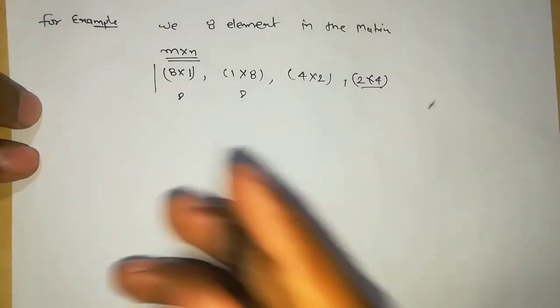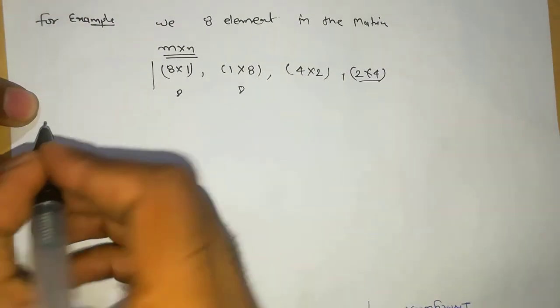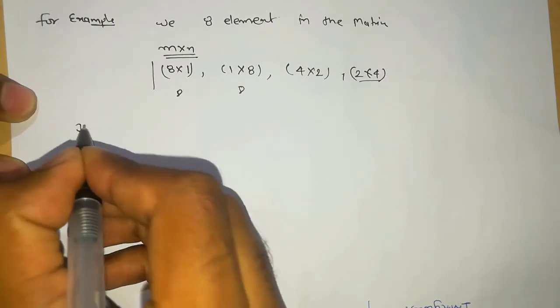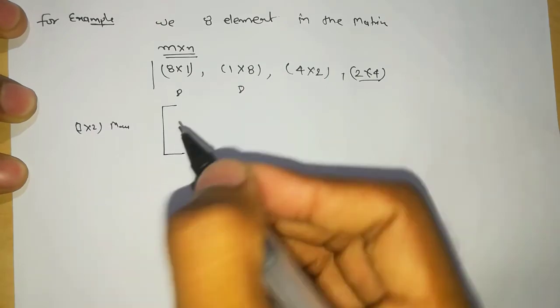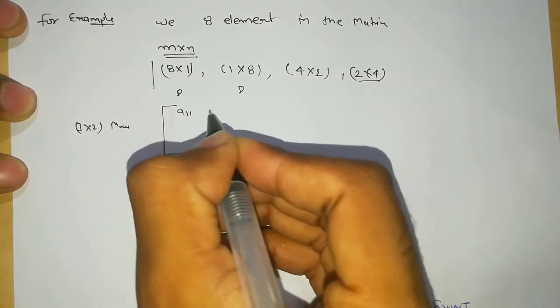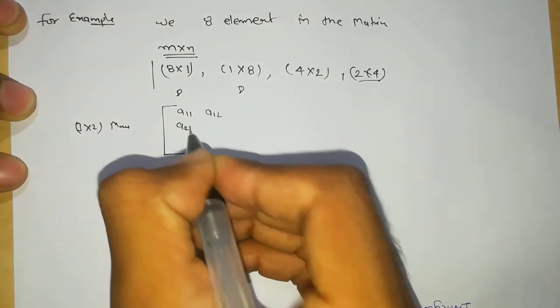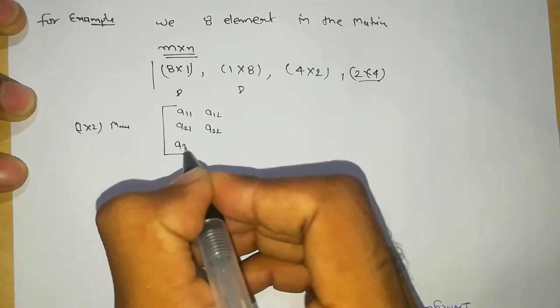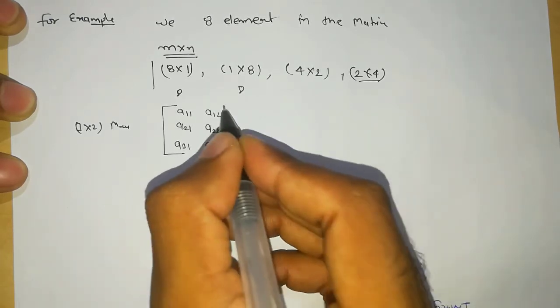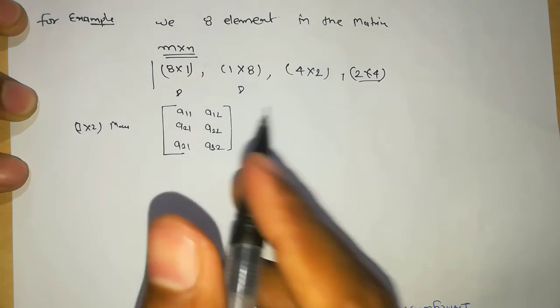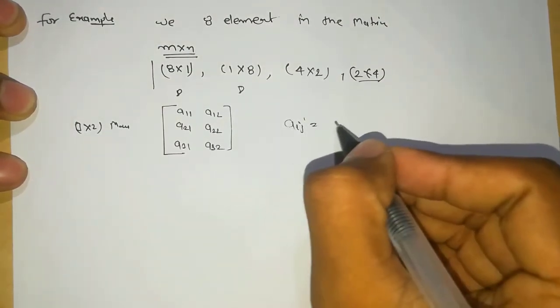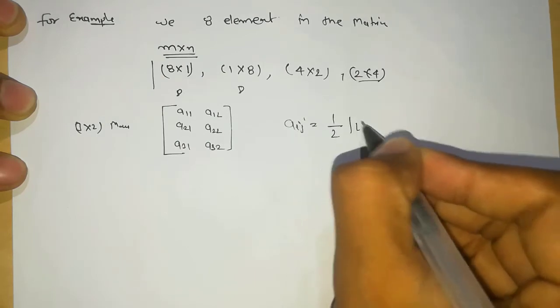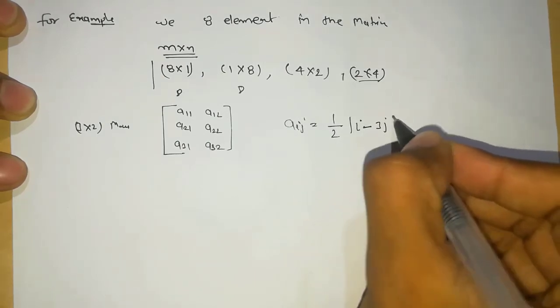Now suppose an example where we have a 3 cross 2 matrix. It means 3 rows with elements A11, A12, A21, A22, A31 and A32. Aij is defined as 1/2 |2i - 3j|.